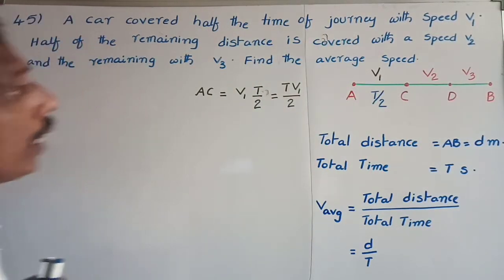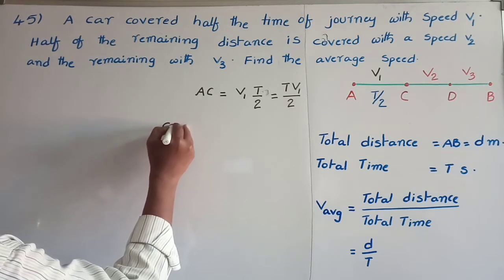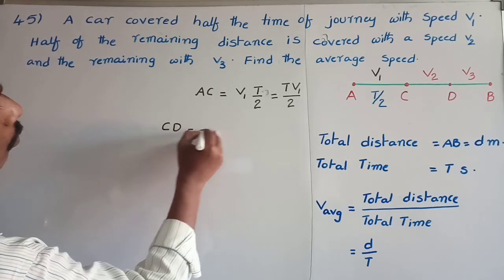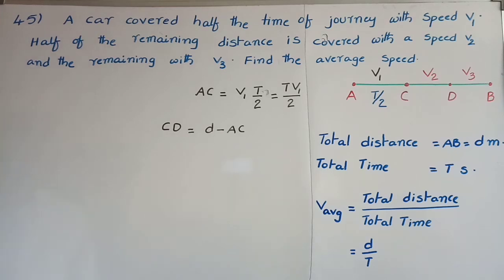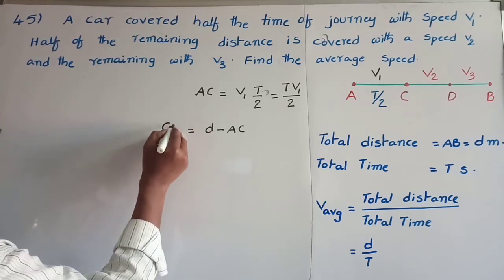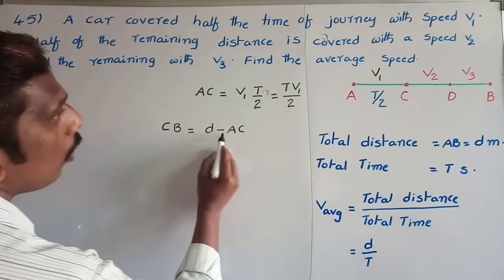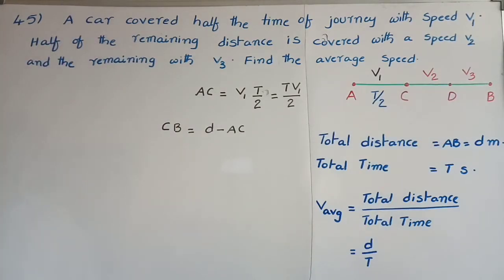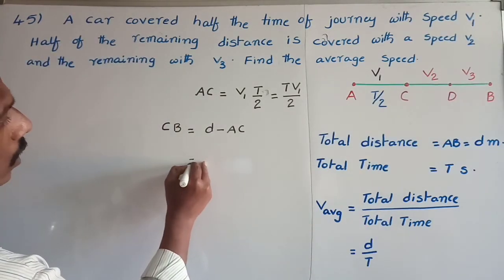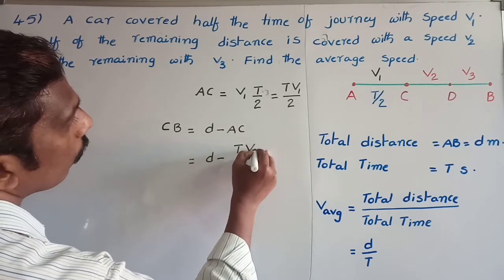So what is the remaining distance? The remaining distance is CB. CB is equal to the total distance minus AC. If you remove this from the total, we get the answer. So CB is d minus AC, and AC is equal to t v1 by 2.